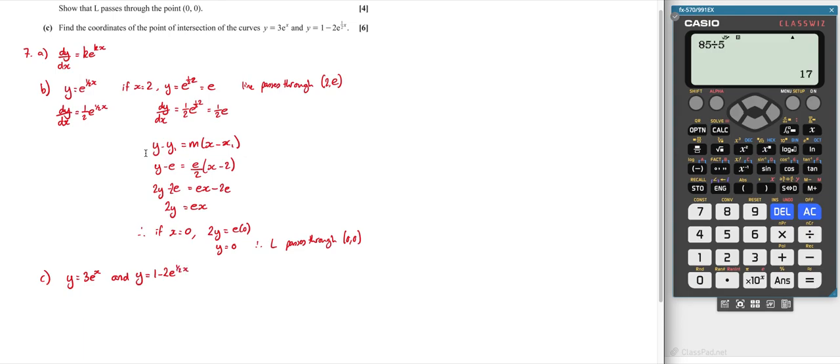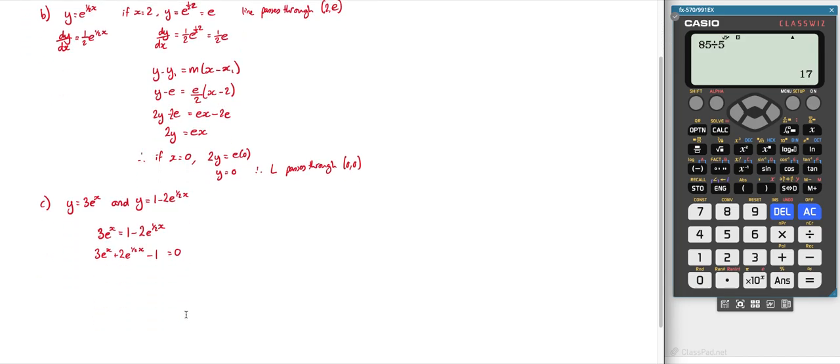So for the point of intersection, we're going to make these equal to each other. 3e to the x equals 1 minus 2e to the half x. Let's bring everything across to one side because that's always a useful first step. Notice we've got 3 terms where the middle one has a power that is half of the other one. So this is a hidden quadratic.